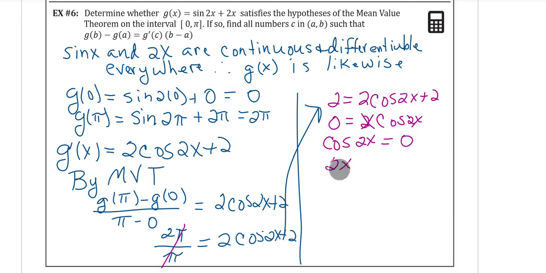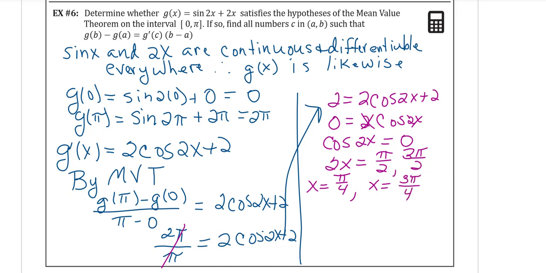So 2x is going to equal 0 if I just do the whole unit circle, and then I can see where they are in my interval. Cosine is going to be 0 at pi over 2 and 3 pi over 2. Now solving for x, I'm going to divide it by 2. So my two x's are pi over 4, and my other x is going to be 3 pi over 4.